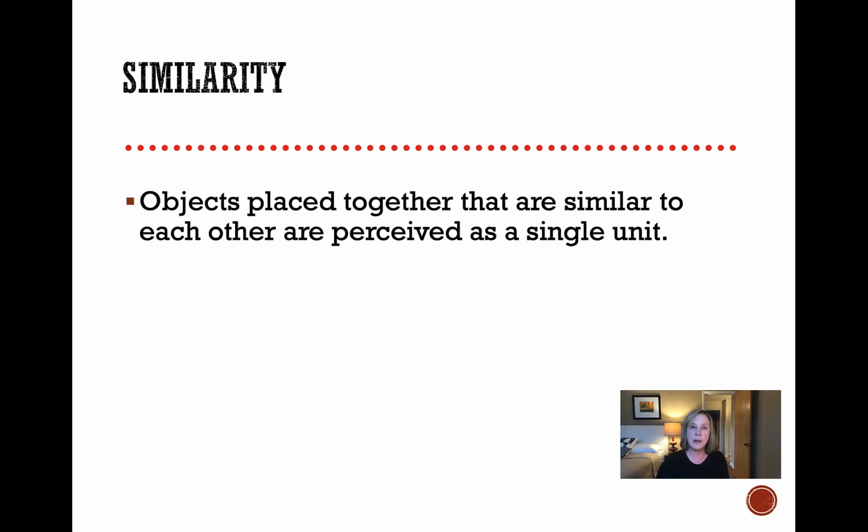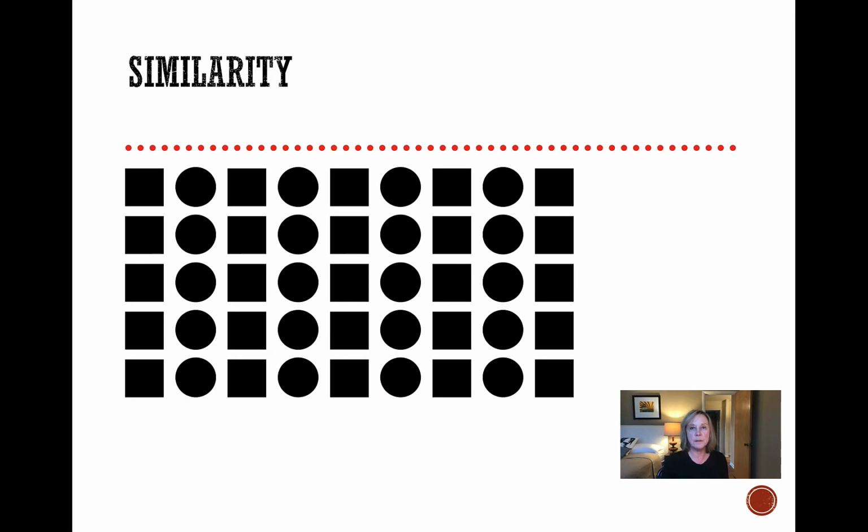What does that look like? The next slide, what do you see? You see vertically, right? You see rows of squares and rows of black dots. Notice how you have to make your brain work.